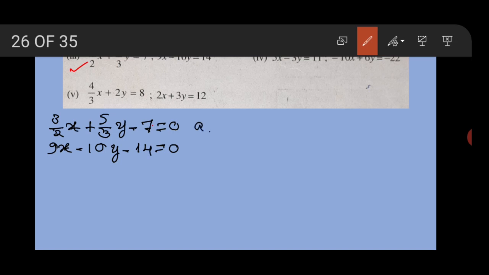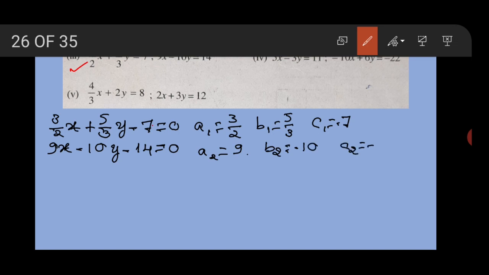What is the value of a1? a1 is 3 divided by 2, b1 is equal to 5 divided by 3, and c1 is equal to minus 7. Similarly, a2 is equal to 9, b2 is equal to minus 10, and c2 is equal to minus 14.